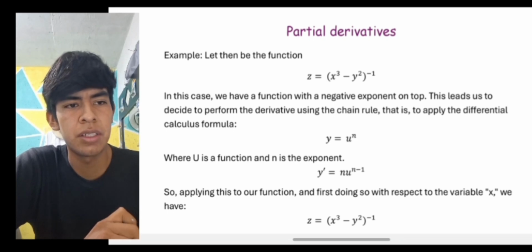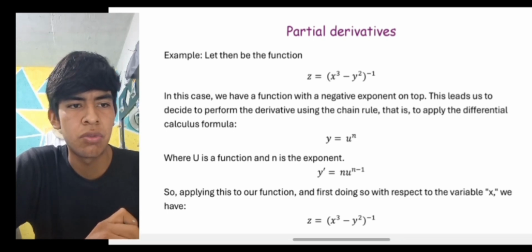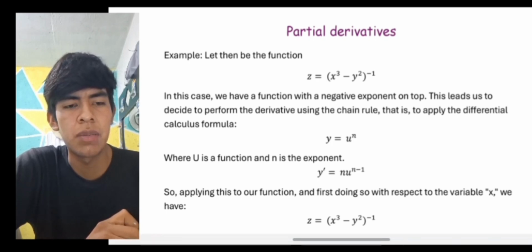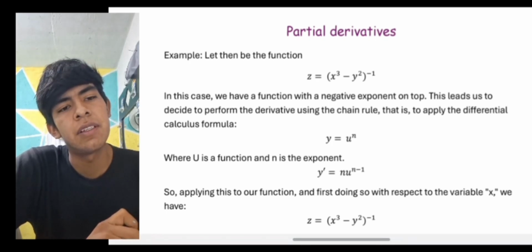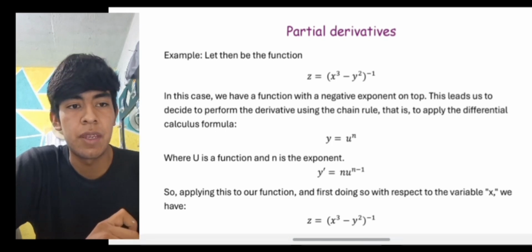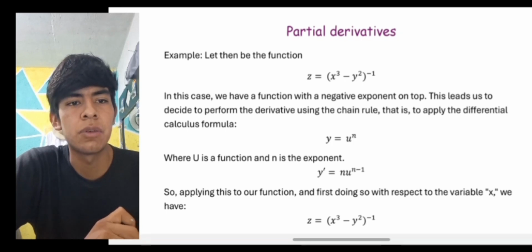So applying this to our function, first going to differentiate with respect to the variable x, we have z equals (x cubed minus y squared) to the minus 1.